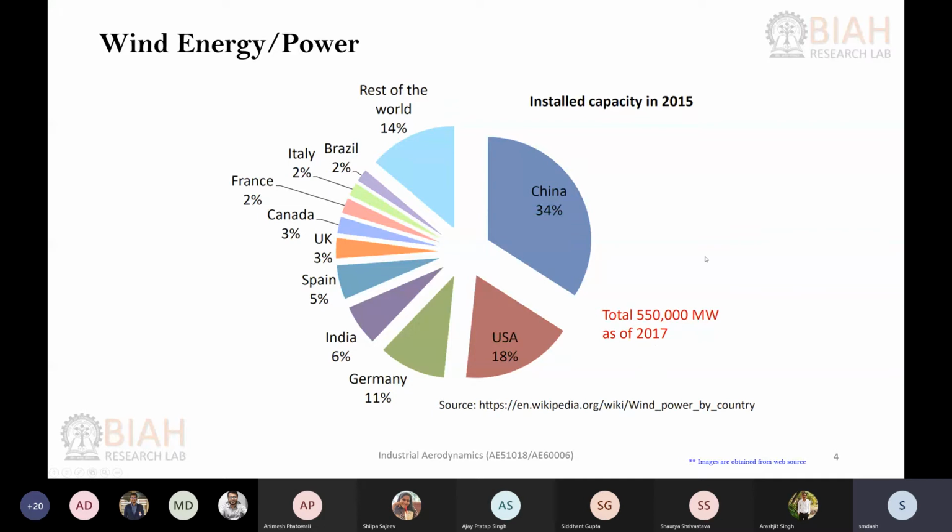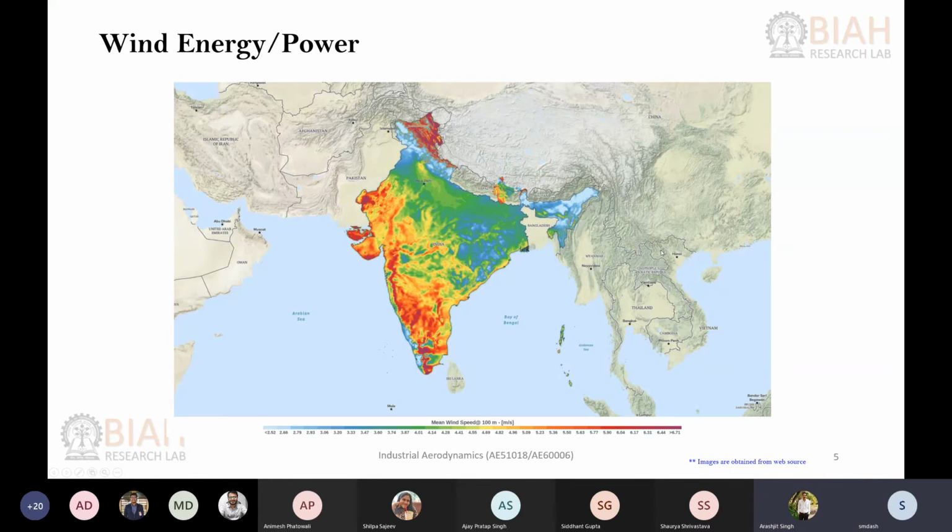Now this figure would be a little higher, maybe 9% or so. So this is the chart of the amount of energy extracted from wind by different countries in the world. Now, Sir, any question?